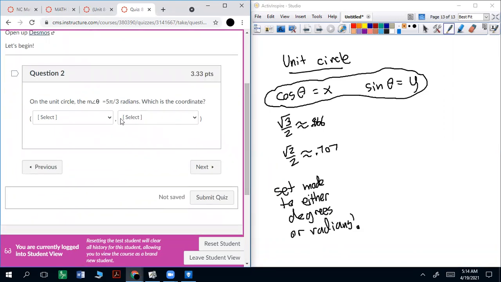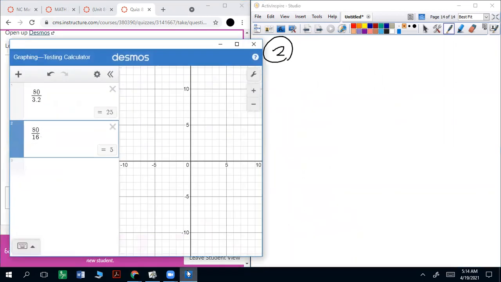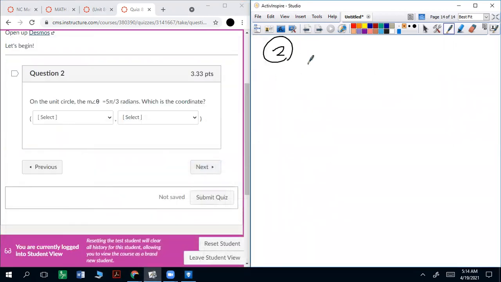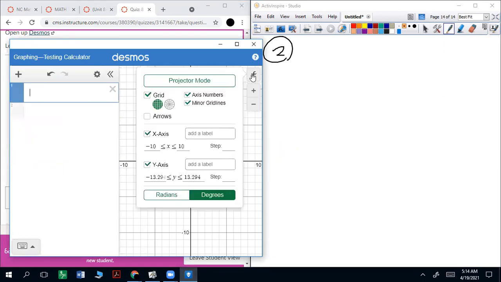On the unit circle, the measure of the angle is 5 pi over 3. What is the coordinate? So let's go over this one. First, 5 pi over 3 is in radians. So we're going to make sure that our mode, by clicking on this wrench here, is set to radians. And then we're going to do two things.